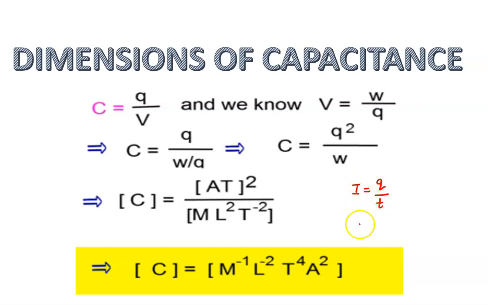The dimension of current is ampere, and the dimension of time is capital T. So from here we get that the dimension of Q is A T. In place of Q we put AT, so Q square is A square T square. By rearranging these terms, we get the dimensions of capacitance as M minus 1 L minus 2 T4 A2. So this is the dimensions of capacitance.